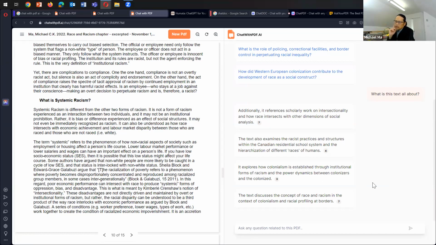Yeah. So I'll just stop sharing for a second. I'm not so sure if Chat with PDF is so good. The promise was so exciting, that it could look at documents of any length.